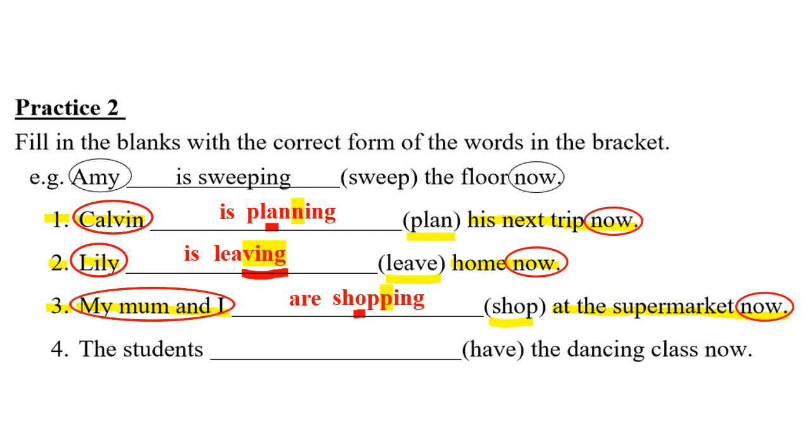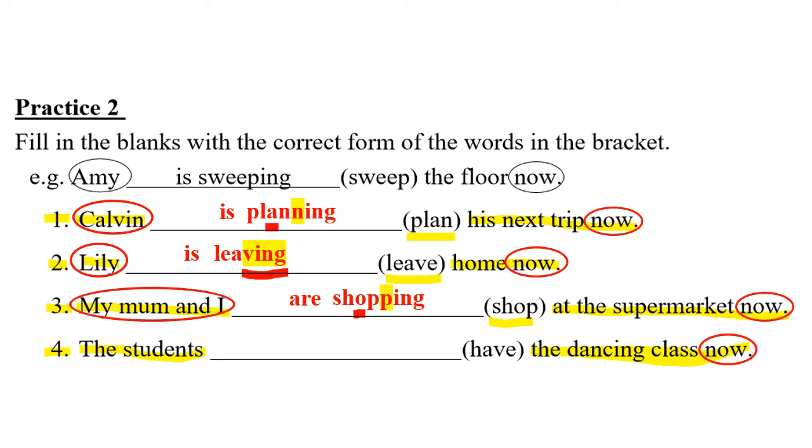Last question, question number 4. Let's read together. 3, 2, 1. The students do the dancing class now. What is the time word of this question? Correct, the time word is now. That means we have to use continuous tense.